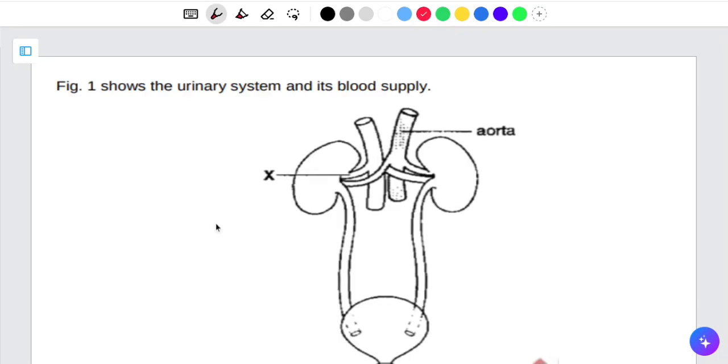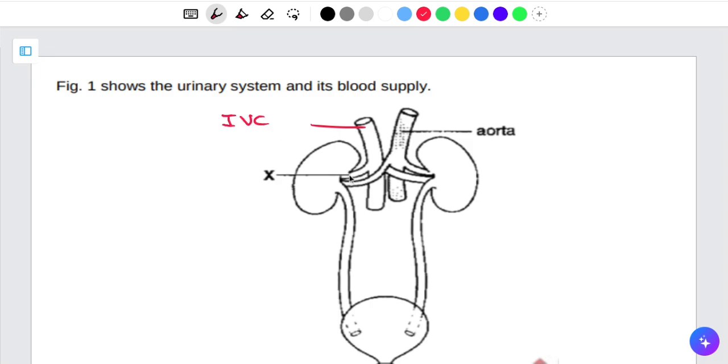So the next question is coming from the urinary system, and it is saying figure 1 shows the urinary system and its blood supply. So we have the aorta, this one specifically the abdominal aorta, and this one here is an inferior vena cava.